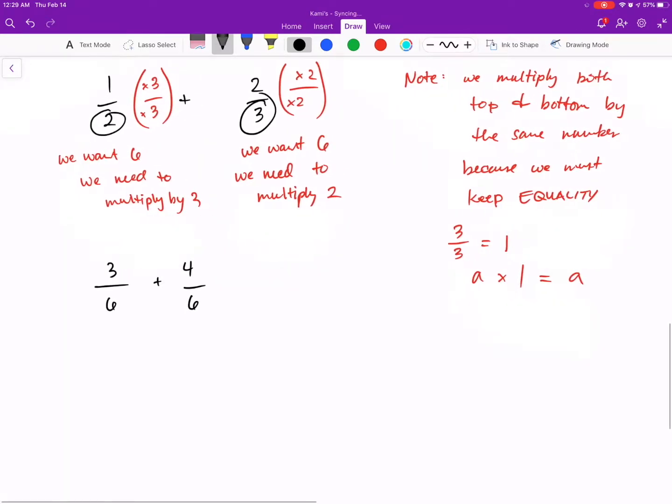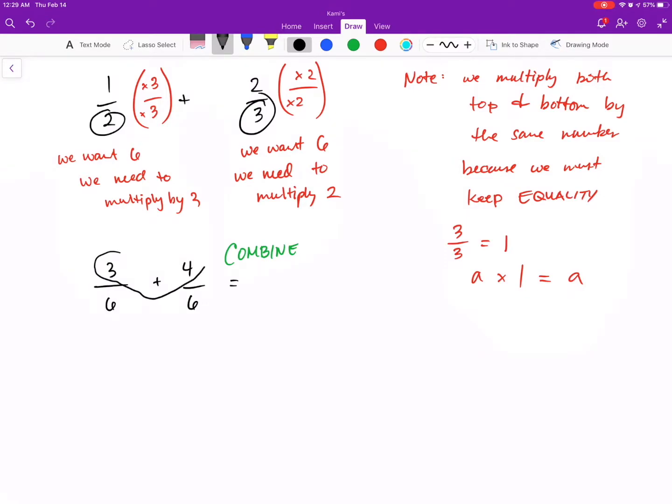Now how do we combine fractions? This is the step that we need to know. I'm going to do it in green just so we remember. We combine. Now that the denominators match, you can put the whole function here, so 3 plus 4 over the one denominator.